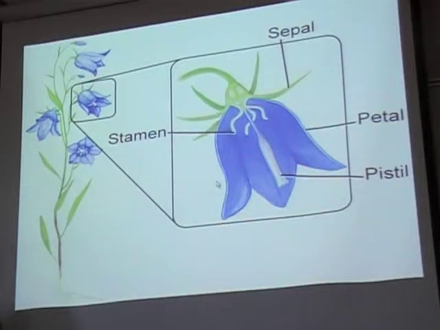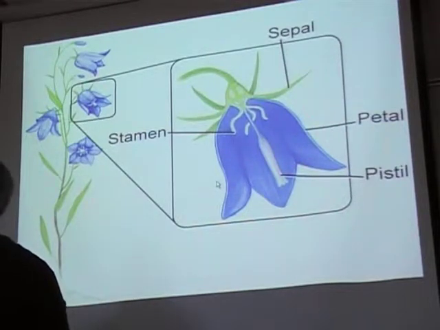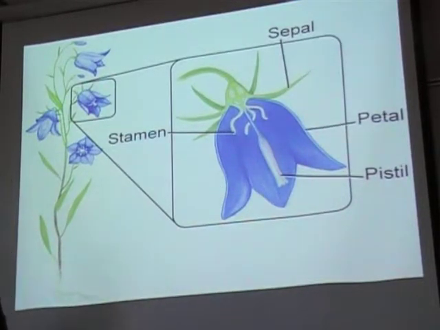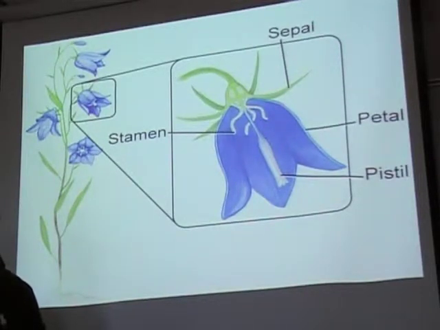These are the 4 parts of what we call a complete flower. Sepals, petals, stamens, pistils. Got it memorized? Yeah. Tucker's all over it. Next slide, please.